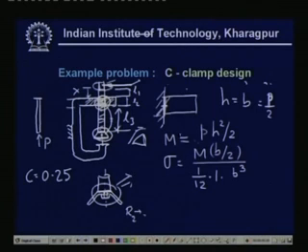Now, we know how to calculate the shear stress and bending stress in the thread. Then different sections of the thread will undergo different states of stress. Let me point out one.